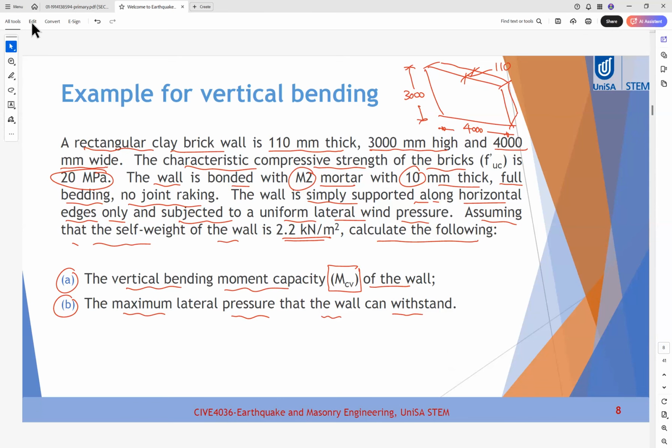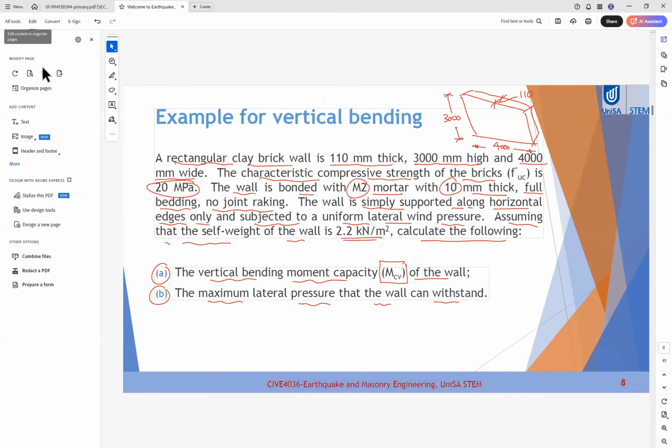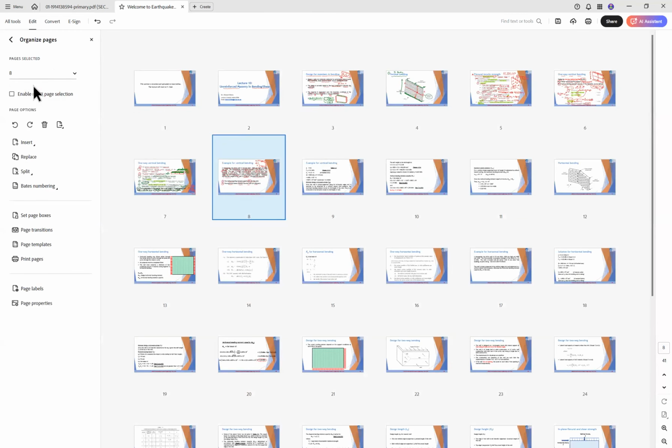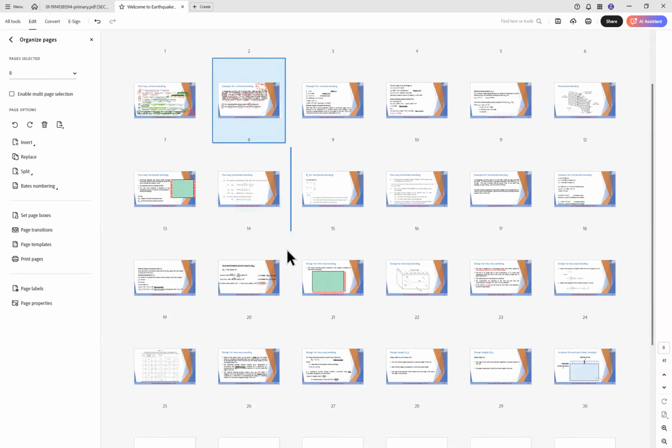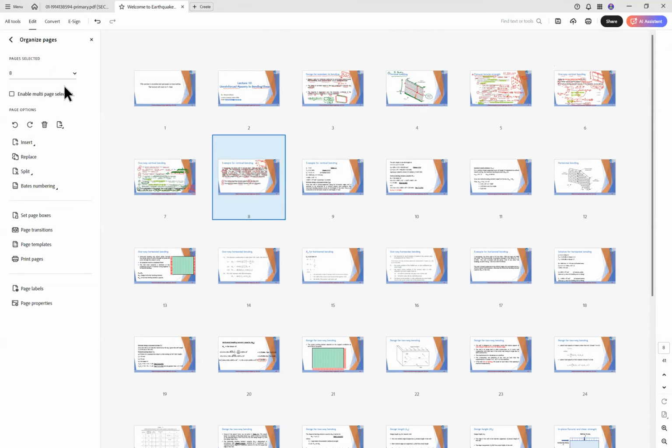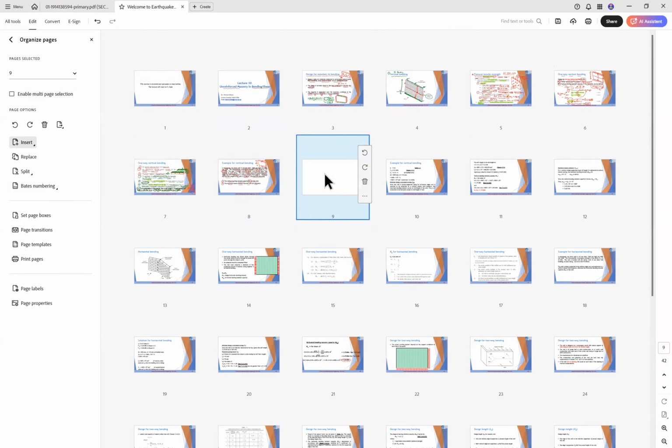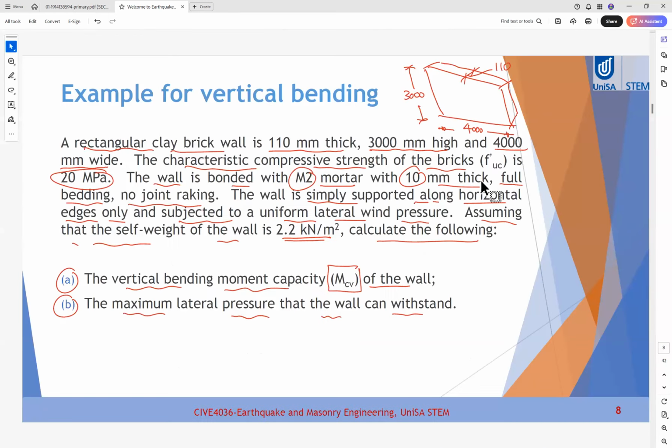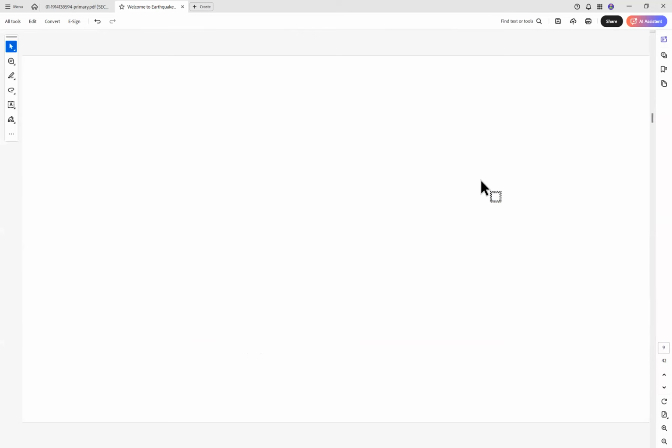Okay, so just to quickly interpret what we have here. The idea is we have a wall.